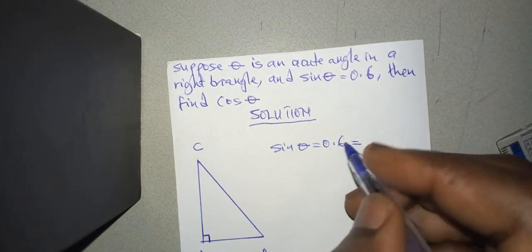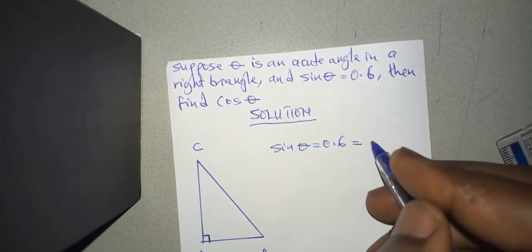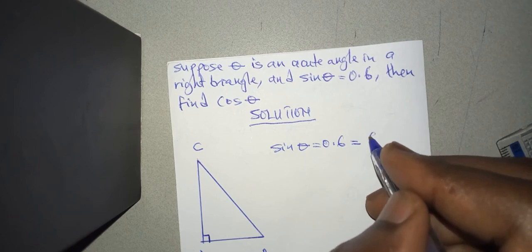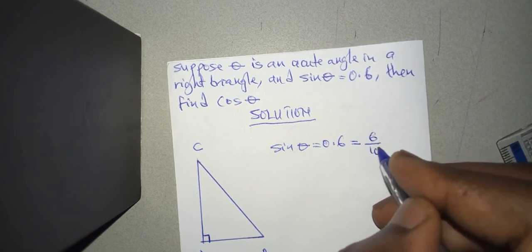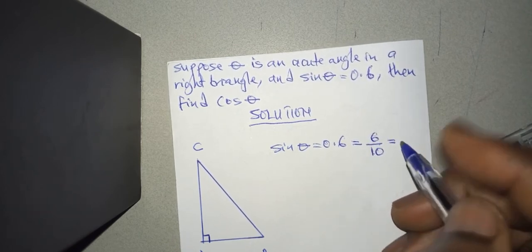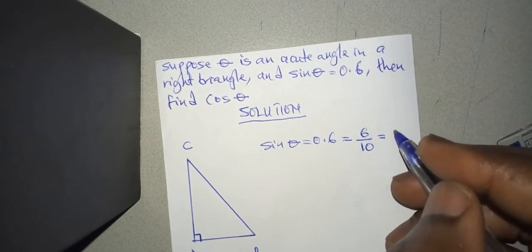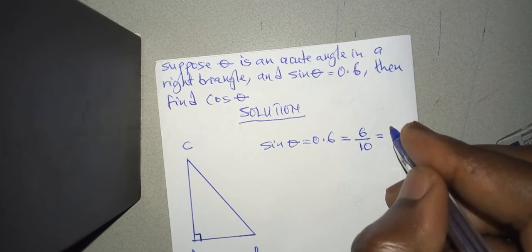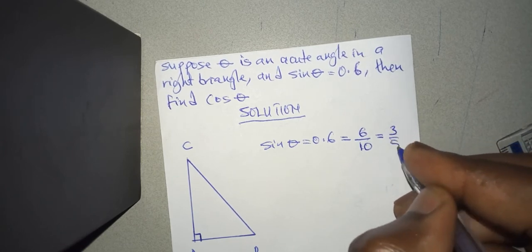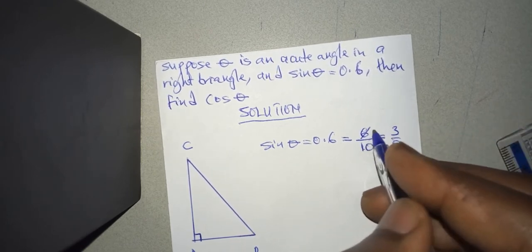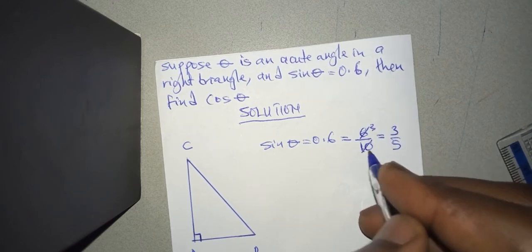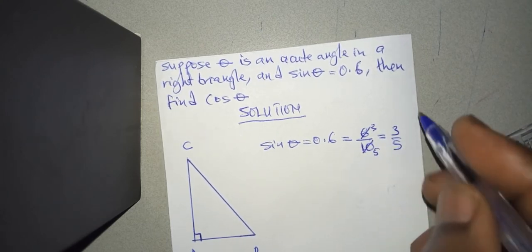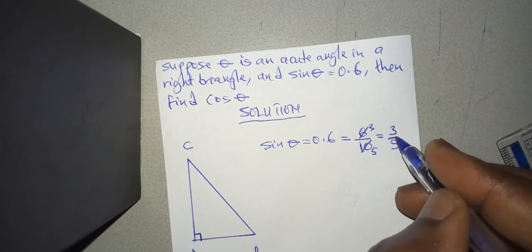So 0.6 is equal to 6 on 10, and 6 on 10 is equivalent to 3 on 5, so that we have the two sides.